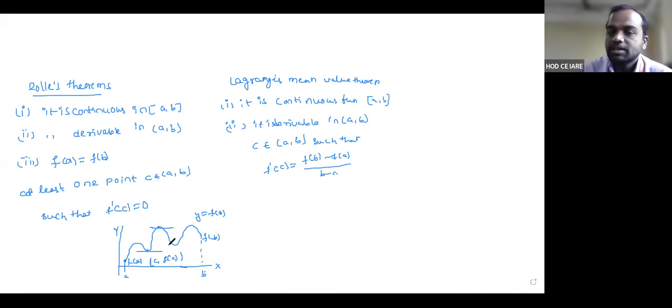In the same way we take Lagrange's mean value theorem. Here we have a continuous curve between a and b.